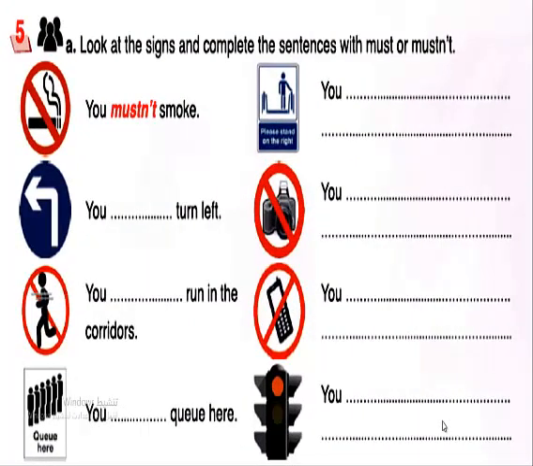Five. Look at the signs and complete the sentence with must or mustn't. You mustn't smoke. You must turn left. You mustn't run in the corridors. You must queue here.